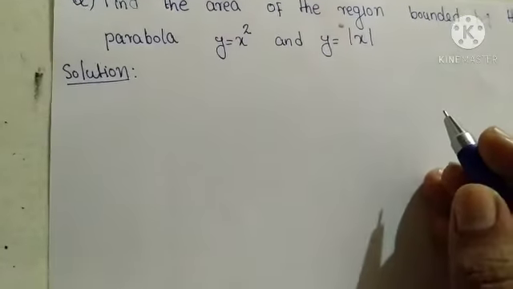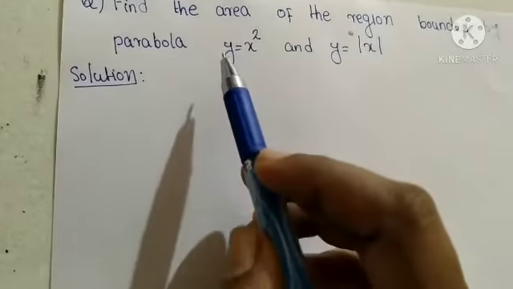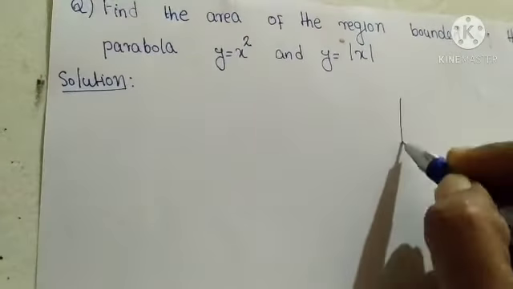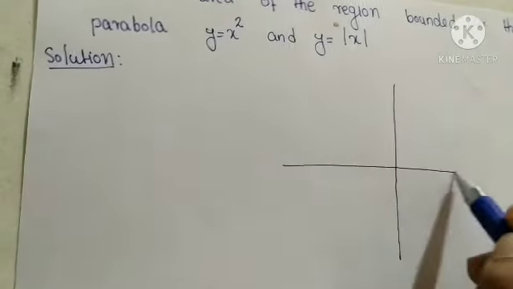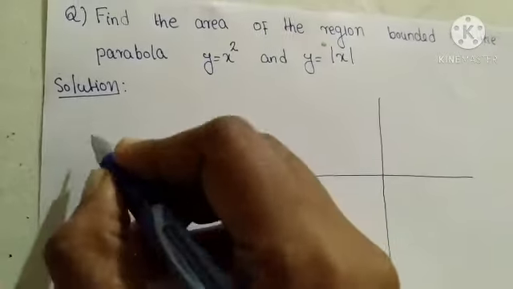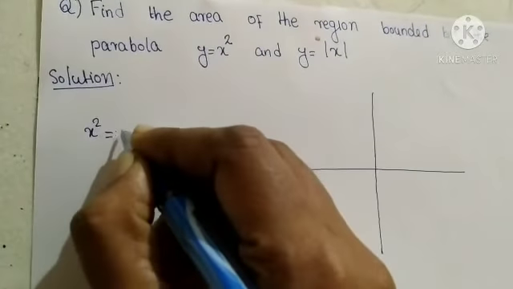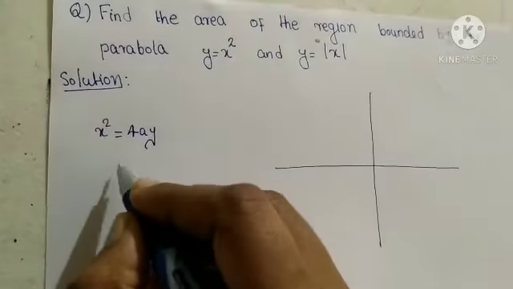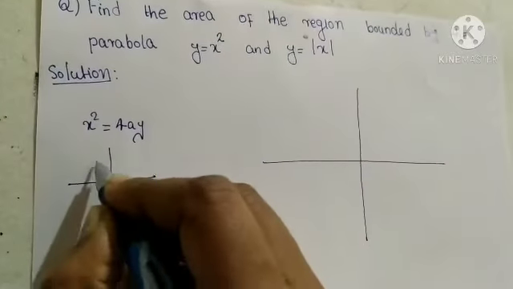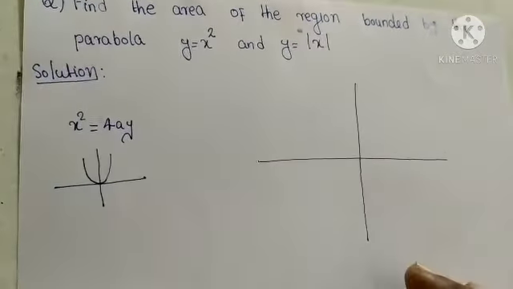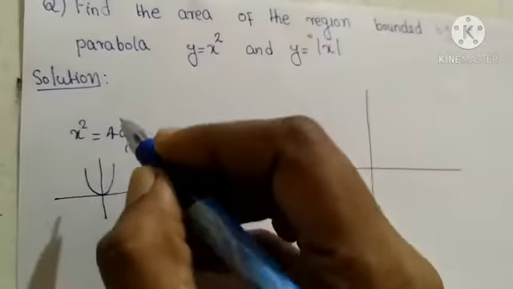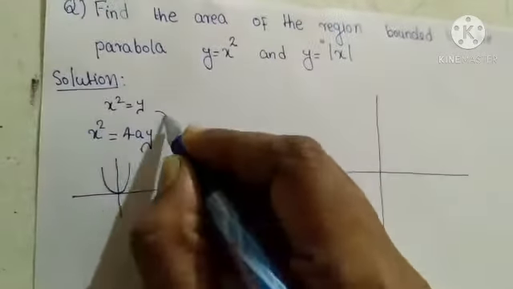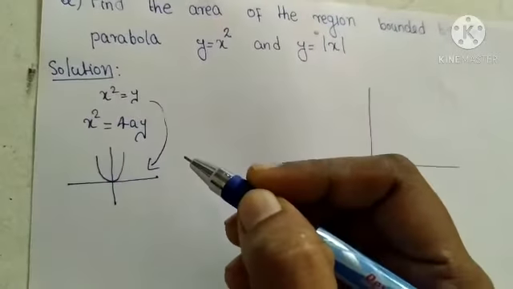So in this question, given that the first curve is the parabola y equal to x square. We know that the parabola of equation x square equal to 4ay has the graph like this. So x square equal to y has the same graph of parabola.